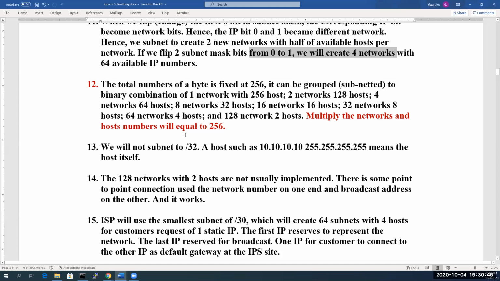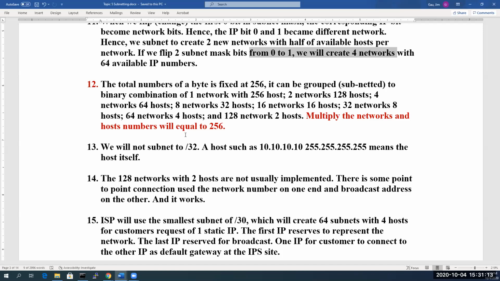So let's do it in our head. Say I did a /27, what would happen? A /27 means that I flip 3 bits. So I have 2 to the power 3 combinations for my new networks, which is 8 of them.